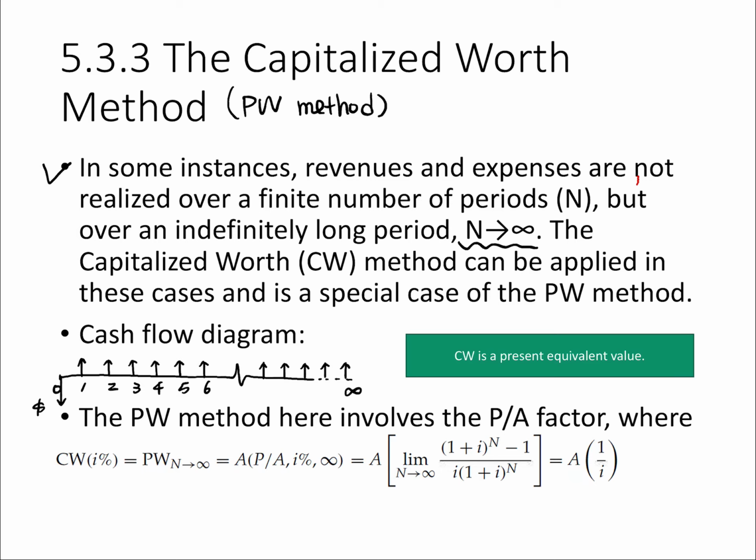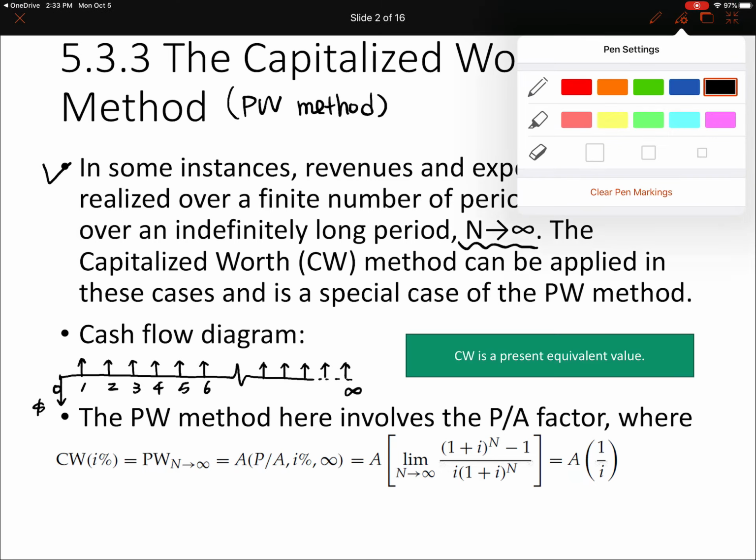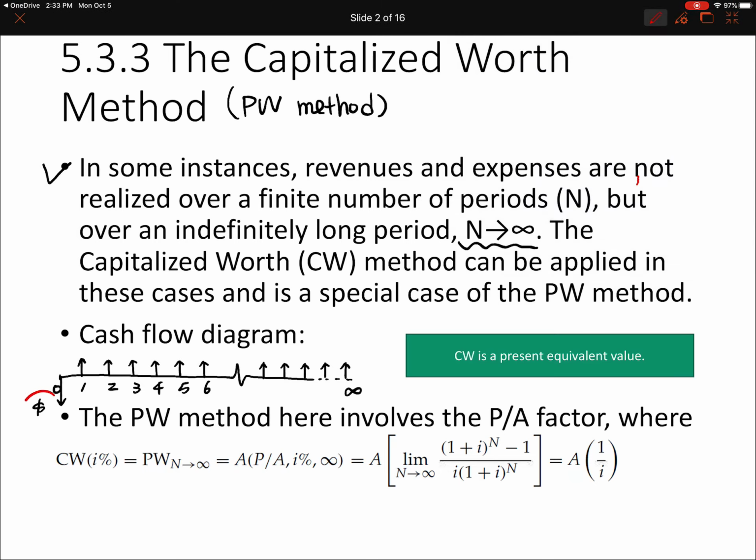You still want to see if you want to accept it or not. The way you do that is still to convert everything back to the present time. For this investment amount, it's already at present, so we don't have to convert anything.